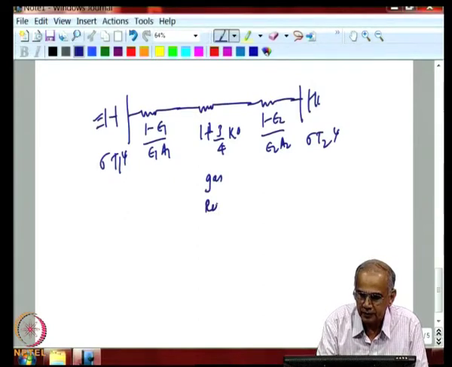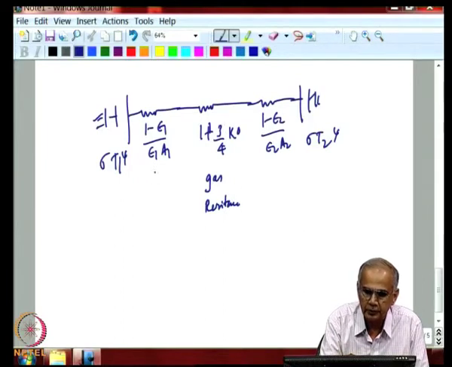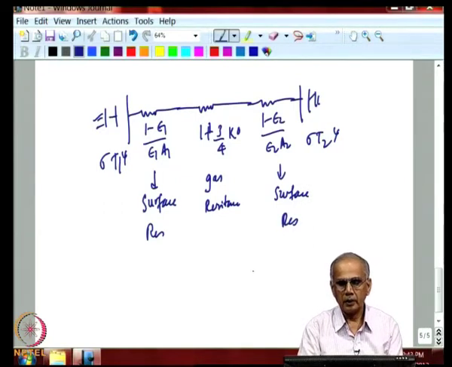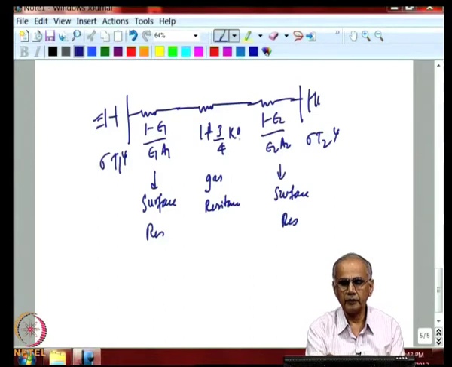It also has geometric resistance built into it. This is surface resistance. This is also a surface resistance. So, you see that if the optical thickness of the layer is very, very large, then this dominates, and these two are not important. On the other hand, if the emissivities are very, very small, the surface resistance dominates. So, the geometric factor and the gas resistance is not relevant.